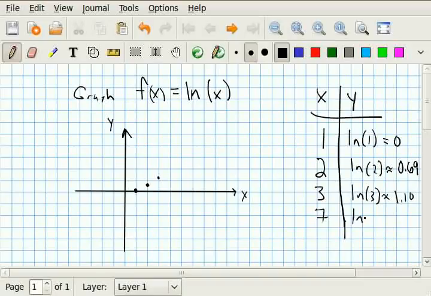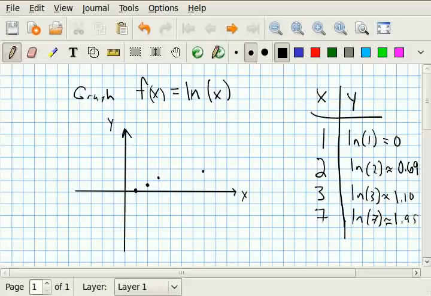When I put 7 in for x, I get natural log of 7, which is about 1.95, just below 2. So I just picked a few increasing positive values, and you see that the natural log function is growing to the right, but pretty slowly.